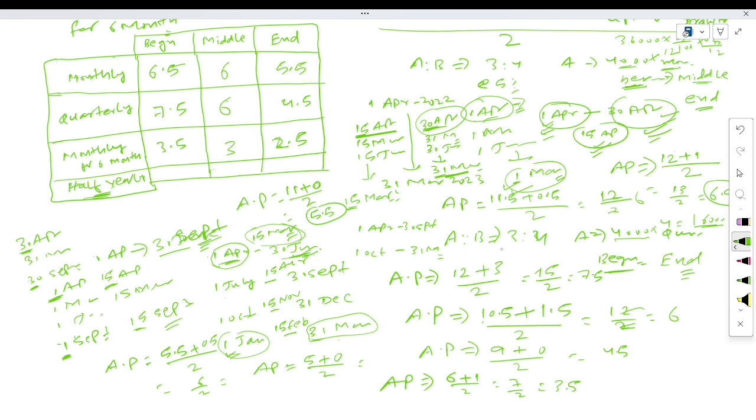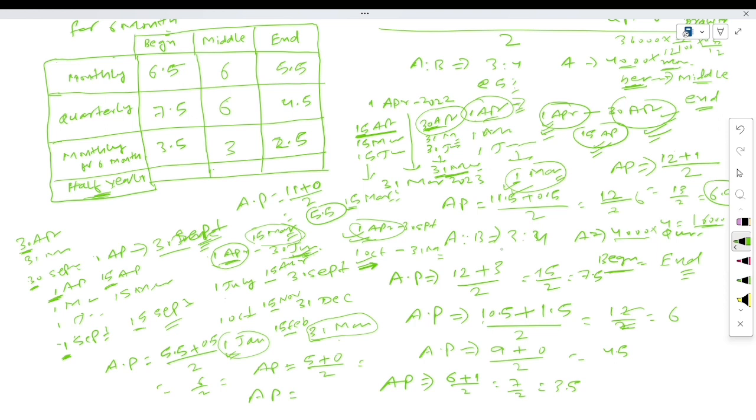If we talk about half yearly at the beginning of half yearly, then what would be here? Average period, beginning, half year of beginning is how much? 1st April. Then half year of another beginning is on 1st October.